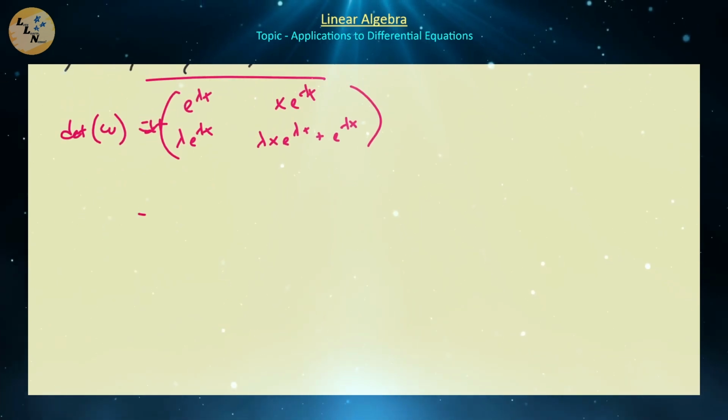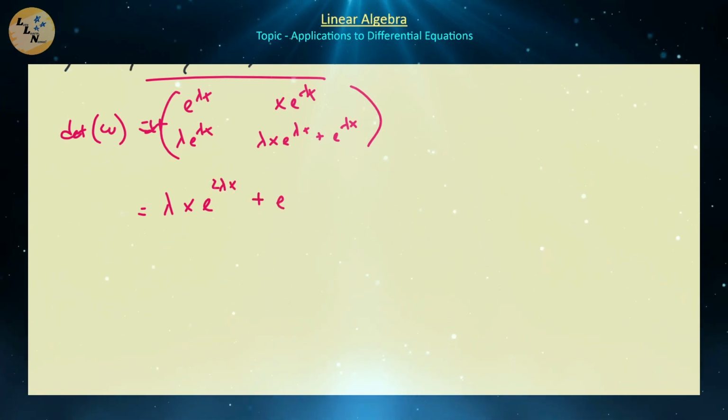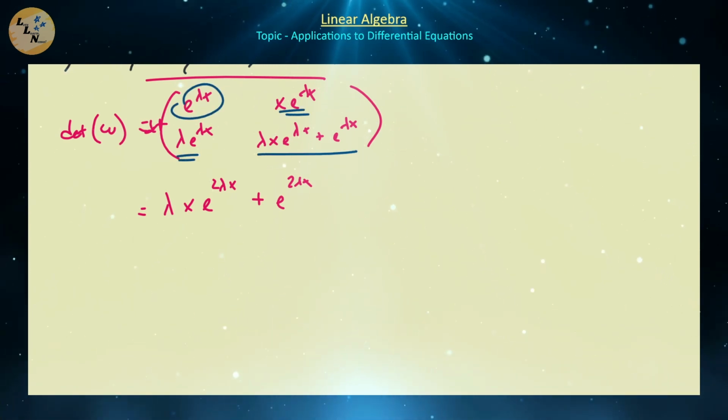So that's going to be equal to λx e^(2λx), and then plus e^(2λx). So let's write it as just 2λx. So we take λx, so that's the product of that term and that term. Now let's subtract the product of those other two terms.